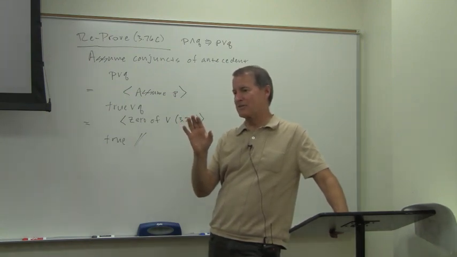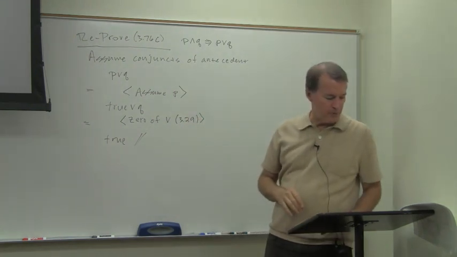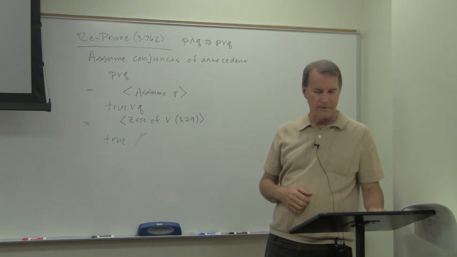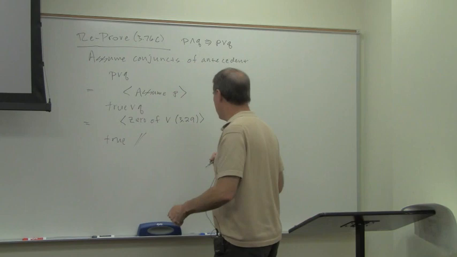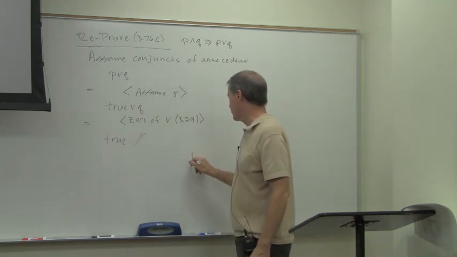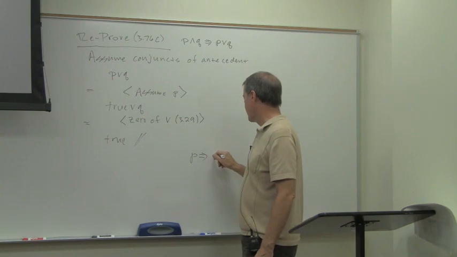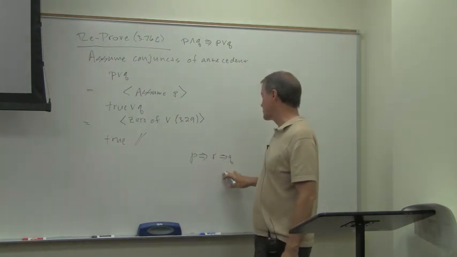Are you with me on this? So we could say the antecedent is, you can prove P implies R implies Q. Could we say P implies R is a conjunct of the antecedent? Say that again. If you had P implies R implies Q, you have to put the parentheses somewhere.